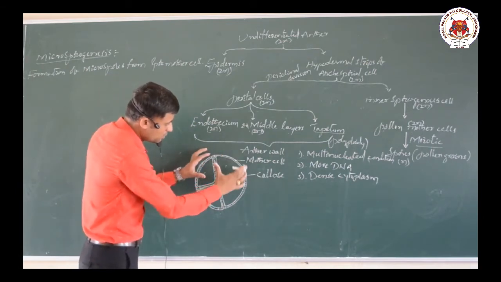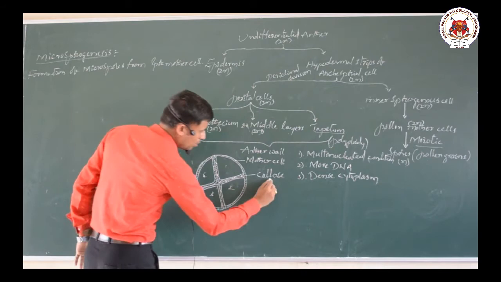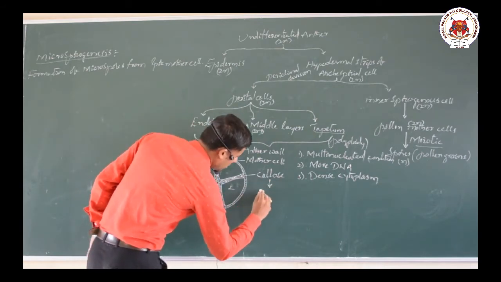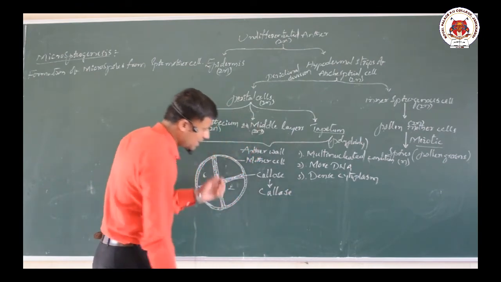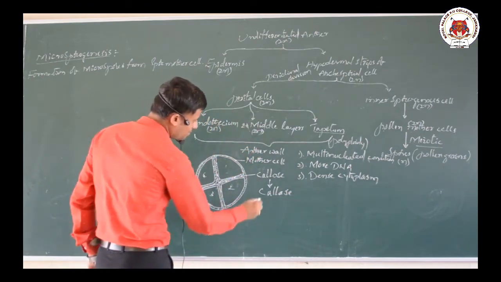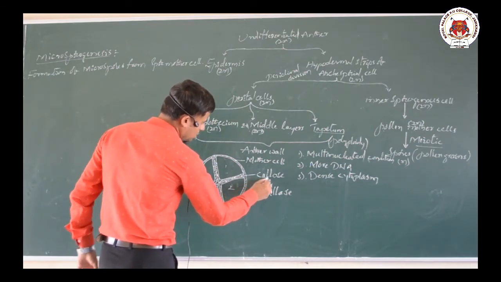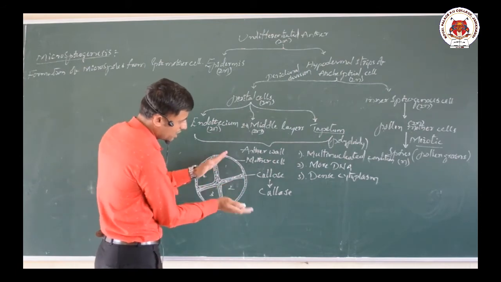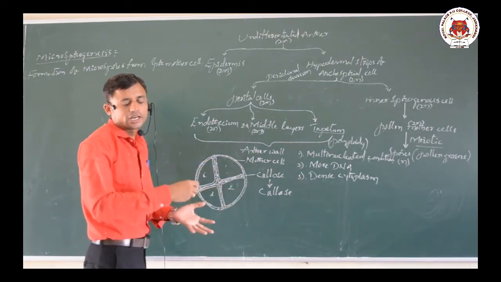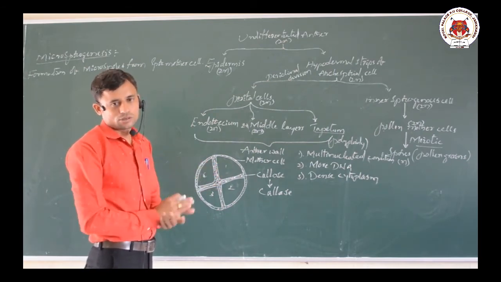Once the pollen mother cell matures, an enzyme called callase acts. Callase is an enzyme which helps to rupture the callose. Due to that, the pollen grains get detached and come outside in the form of individual spores.